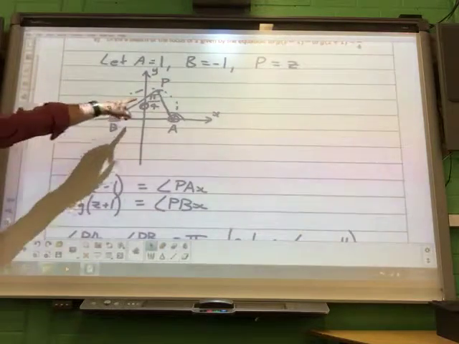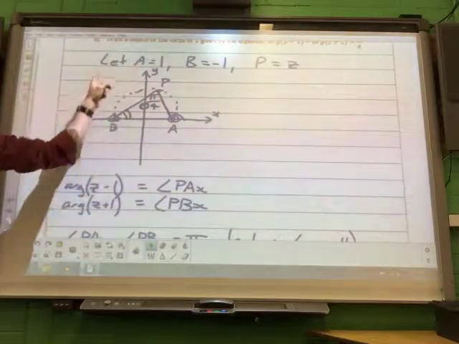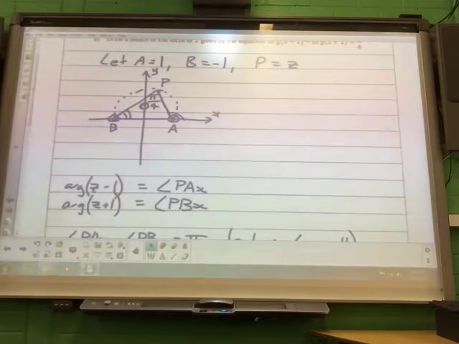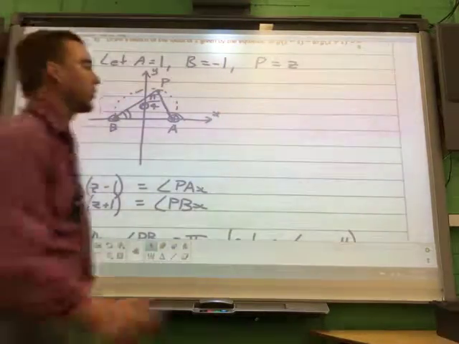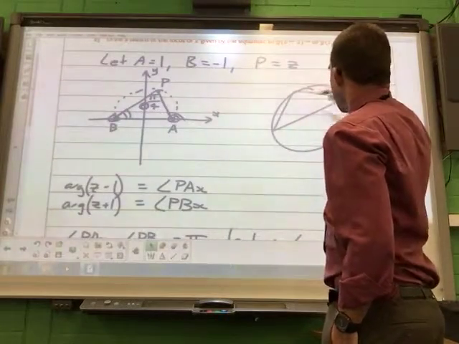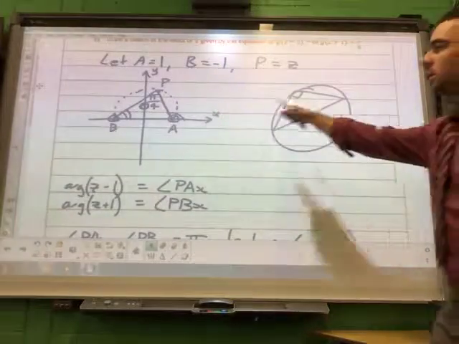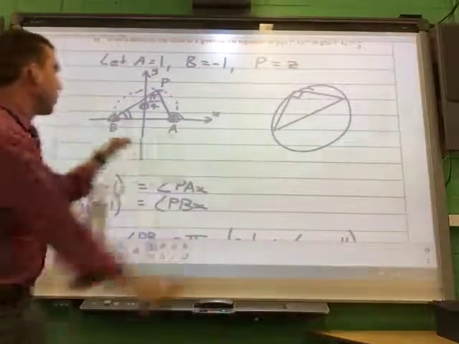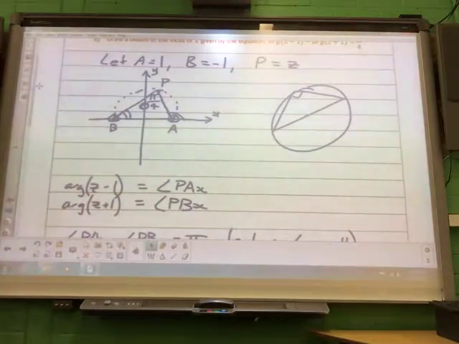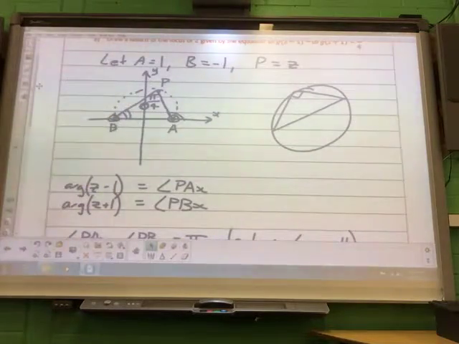Because if this was pi on 2, this would be a semicircle, correct? Because the angle in a semicircle is 90 degrees, using your circle geometry theorem. The chord would form the diameter of the circle, and you would get the locus of the semicircle. So what we need to get our heads around is when it's pi on 4.